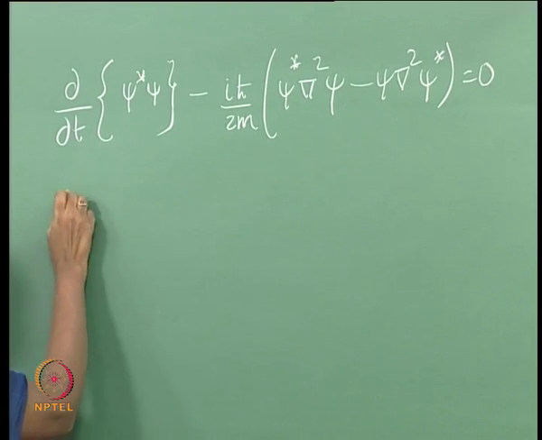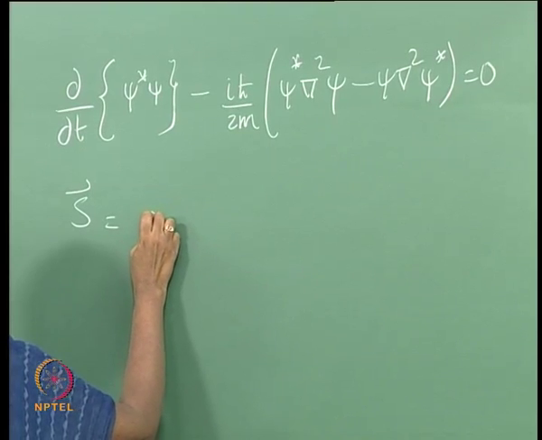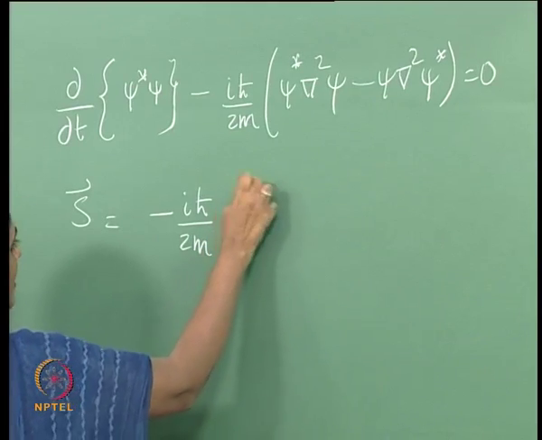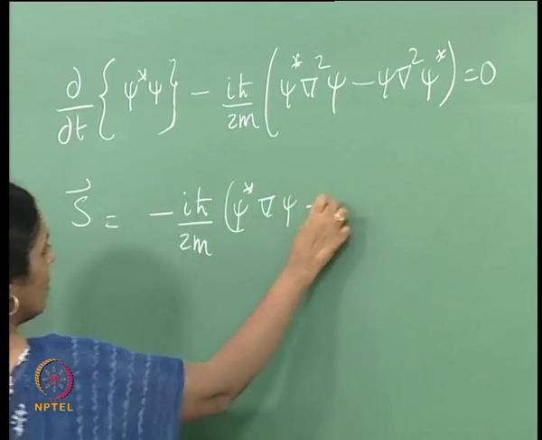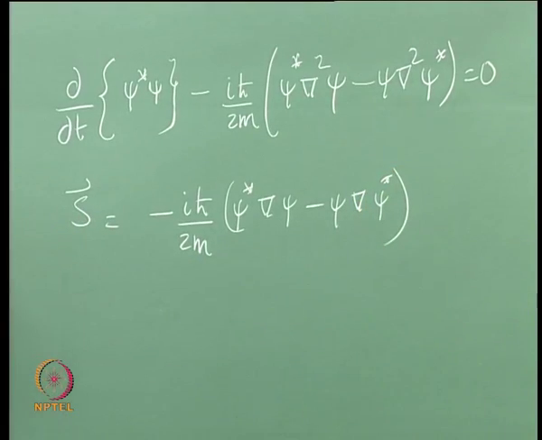Define the quantity S, which is a vector, as minus iħ/2m (ψ* ∇ψ minus ψ ∇ψ*). It is a 3-dimensional vector.